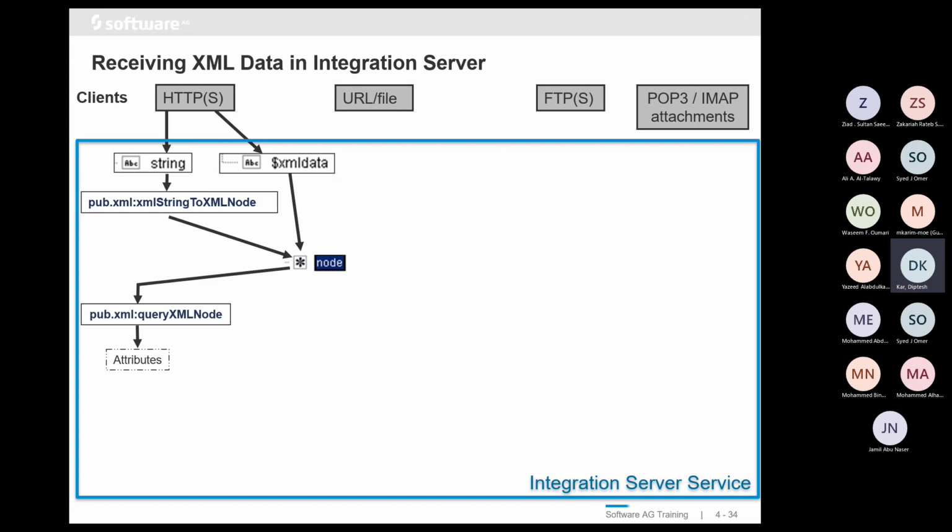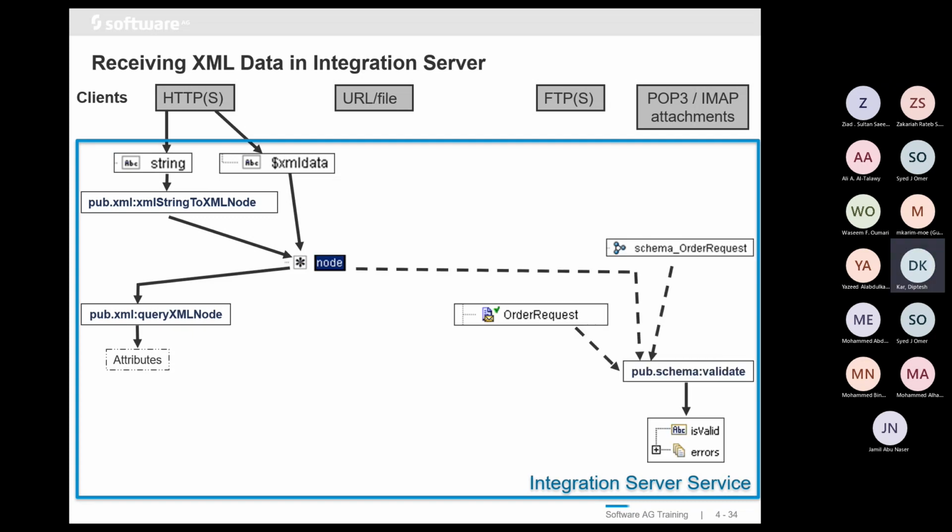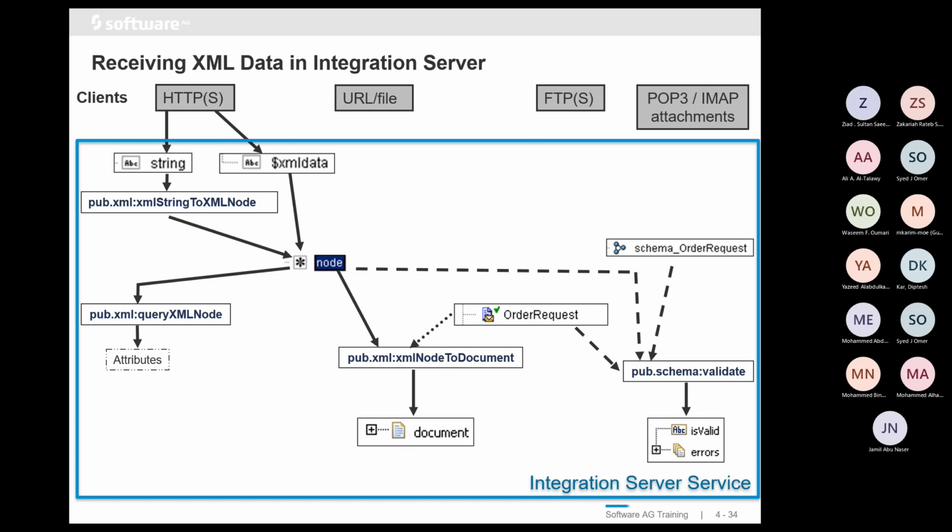What we have to do is convert this node into a document, and then we can process it in our flow services. There is a service in the internal utility services called XML node to document. We use that to convert this node into a document, and once it becomes a document, it is very easy to play with that data inside our flow services.